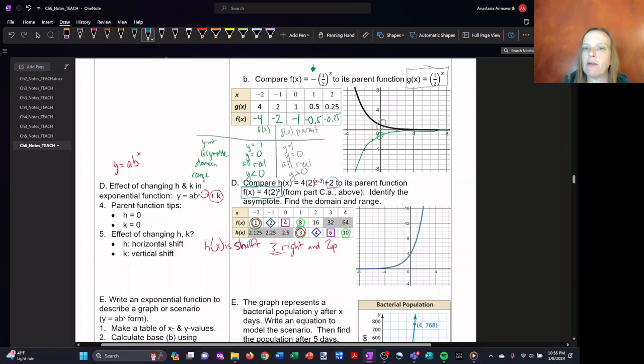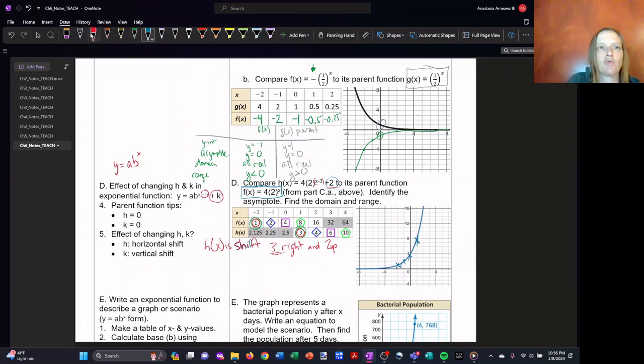This might be easier if I label the exact points. So -2 and 1, -1 and 2, 0 and 4, 1 and 8. So those are the 4 points that are especially marked here in the data table.